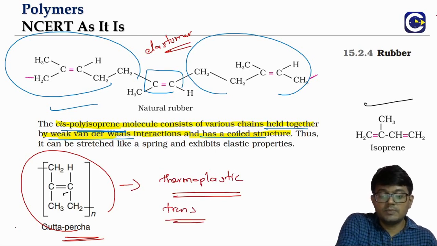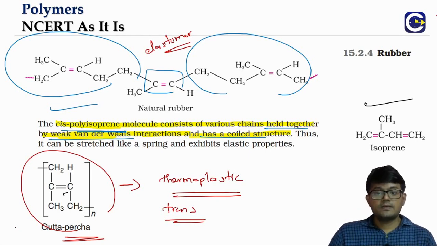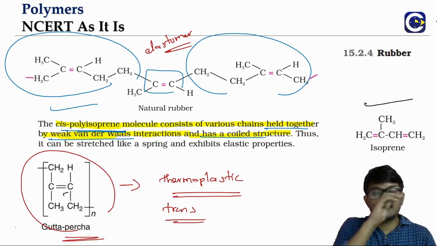Remember, the isomers cis and trans have different characteristics. So because of the trans nature of this gutta percha substance, the overall behavior is thermoplastic in nature, whereas natural rubber is an elastomer.